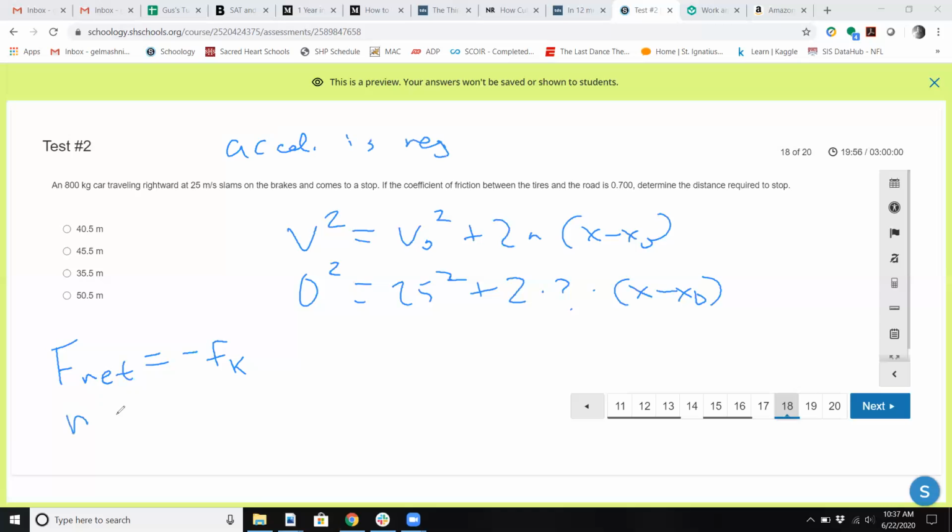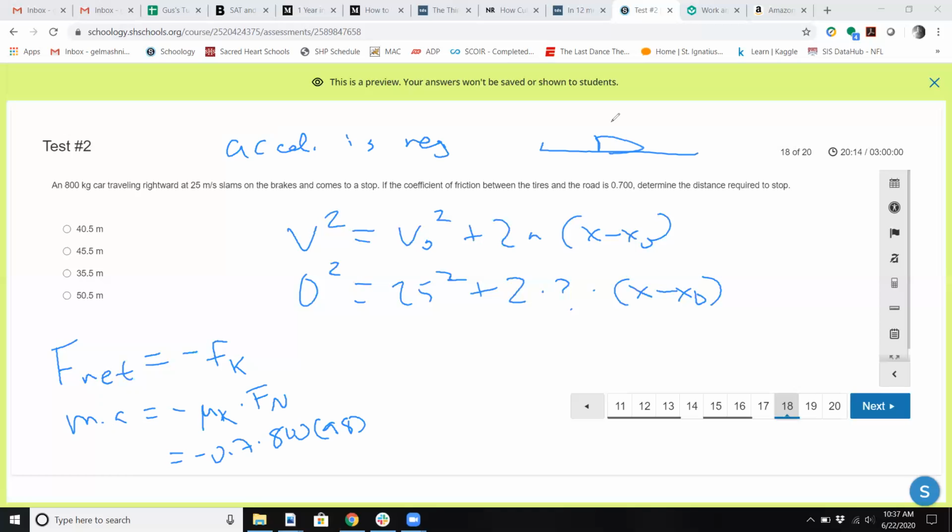So that's going to be m times a equals negative mu k times your normal force. So it's negative 0.7. Your normal force is going to be mg. So 800, because that's the only thing acting on it perpendicular to the surface.